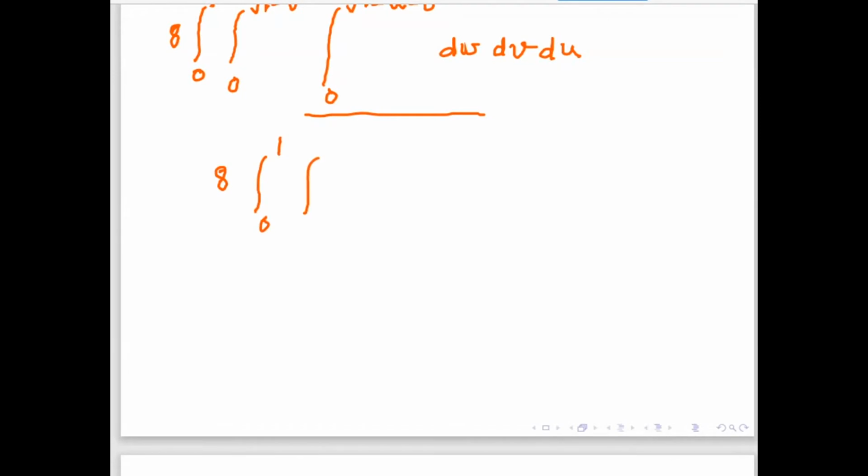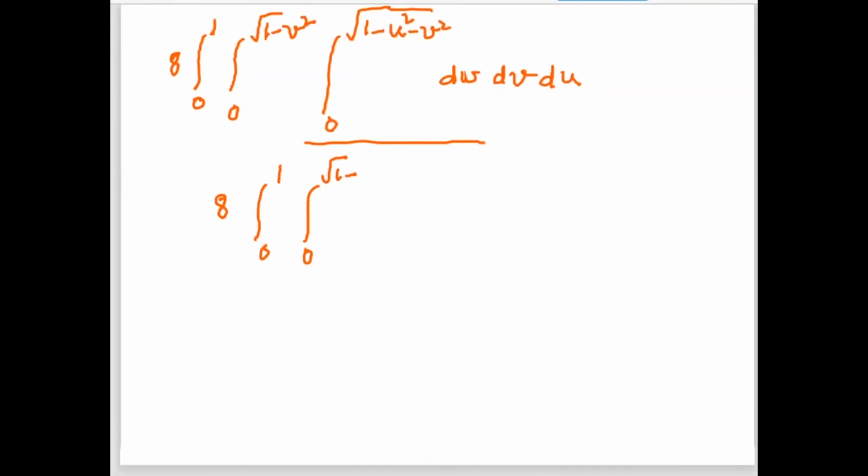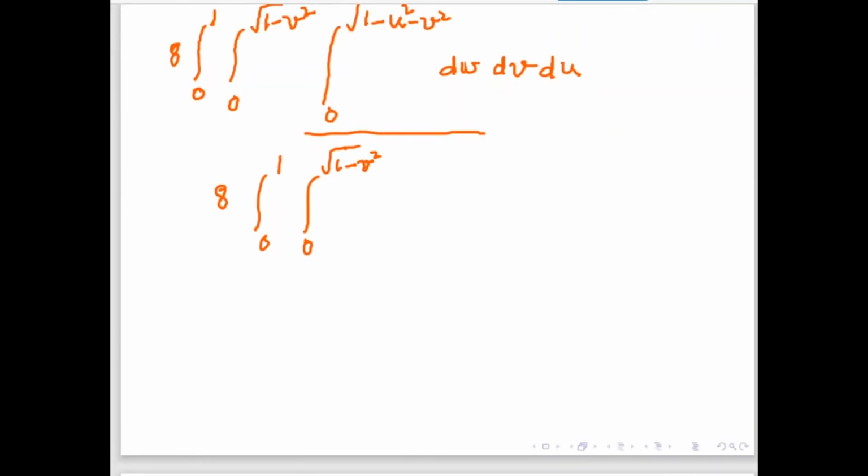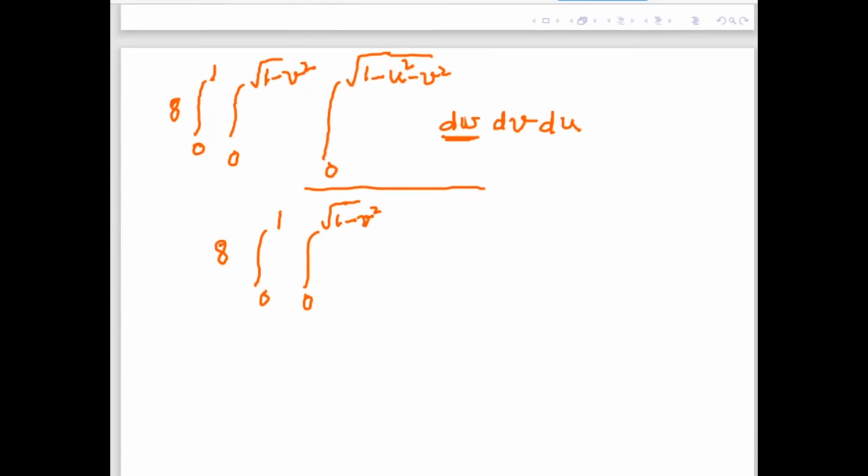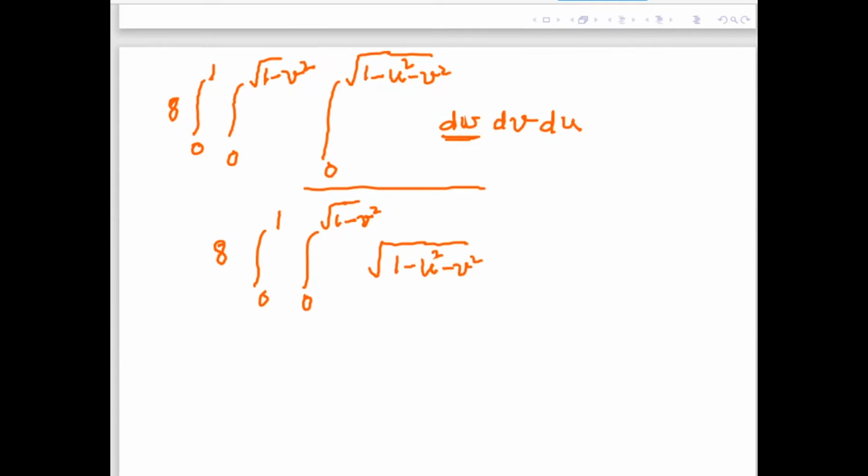This w integration will come w only. If you apply upper limit minus lower limit, you will get square root of 1 minus u square minus v square dv du. So now tell me how to do this.